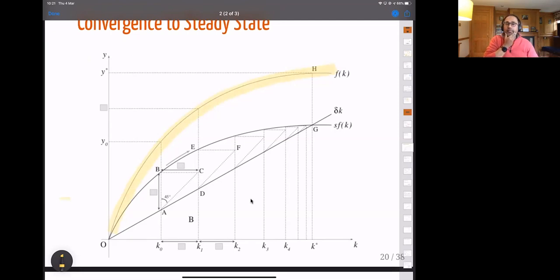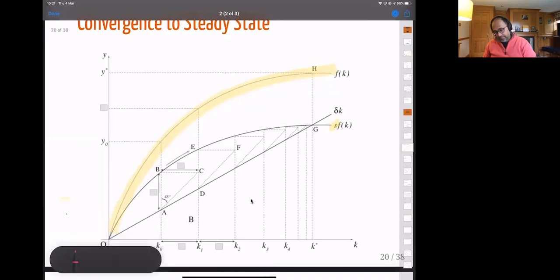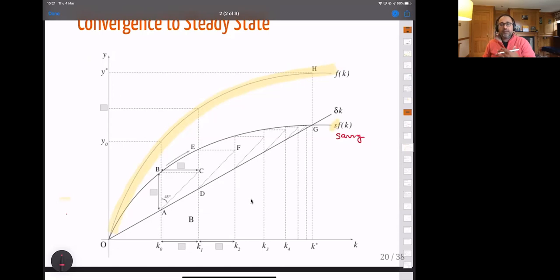Now, if you're saving at a particular rate, small s, and that's constant, then the saving line, the amount you've saved, is simply lower than the production function.